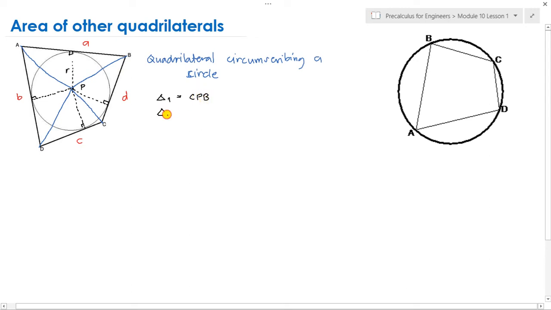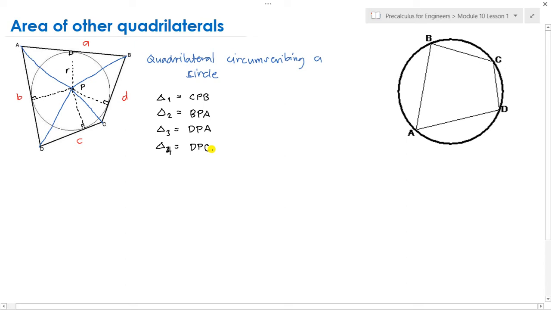Triangle 2 is BPA. I hope you are following. The third triangle, triangle 3, for side A, is DPA. And the last, triangle 4, is triangle DPC.